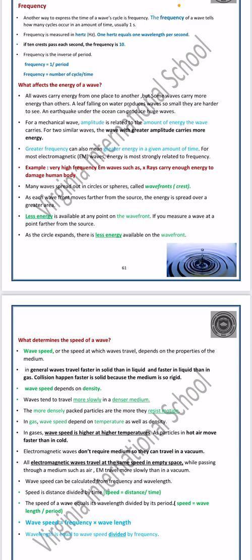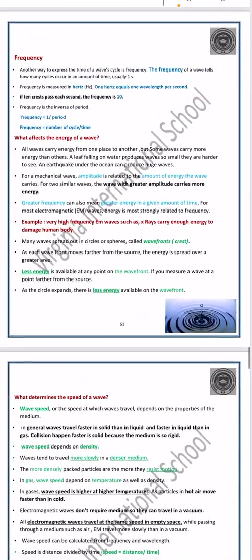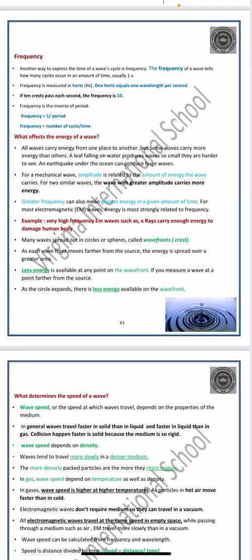Also, you have to know that electromagnetic waves, such as X-rays, have huge energy. That's why you cannot expose yourself many times to X-rays. It's dangerous because it carries enough energy to damage your body. Okay, can you look at this photo? We have a wave, but it's found in circles and spheres.